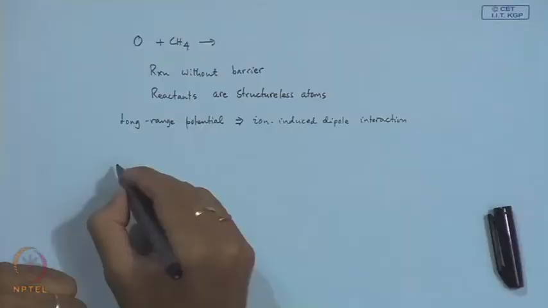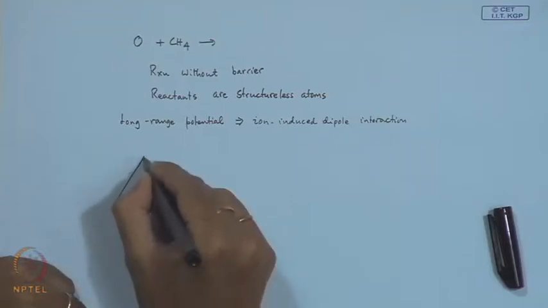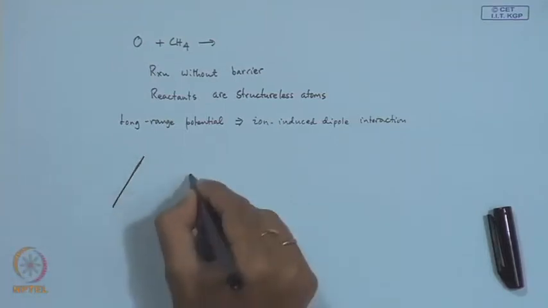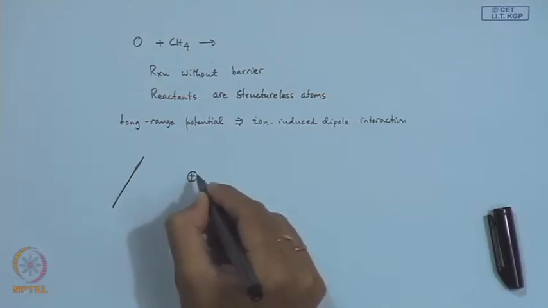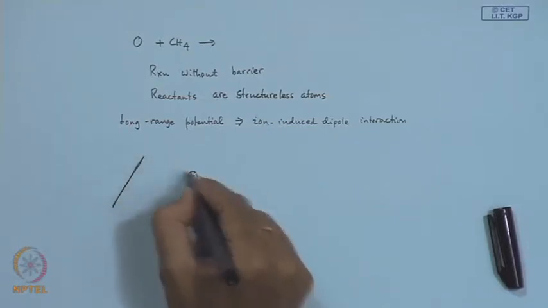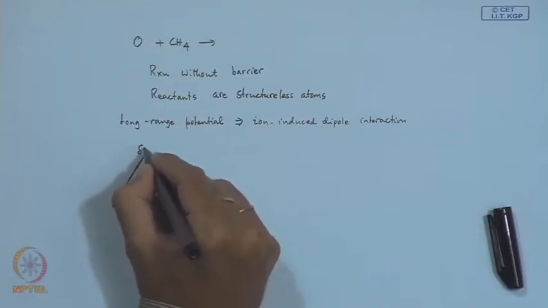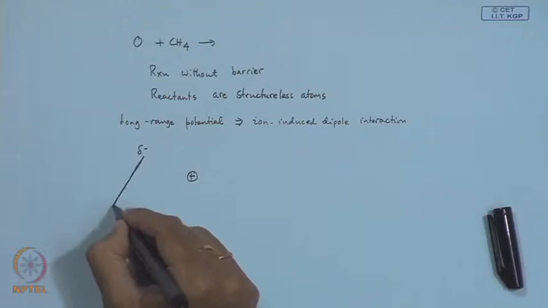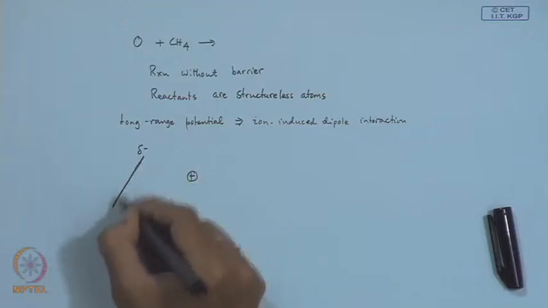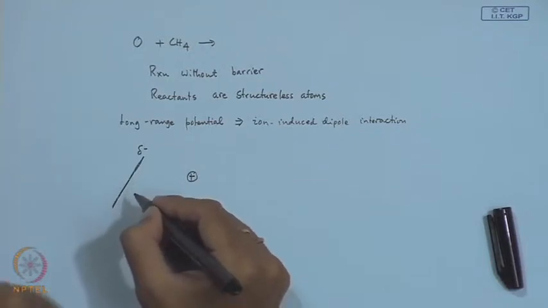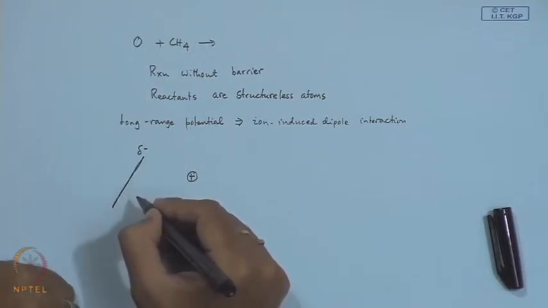So a dipole is induced, this side becomes delta minus, and the other side becomes less negative. So it will act as an induced dipole: induced dipole ion interaction.